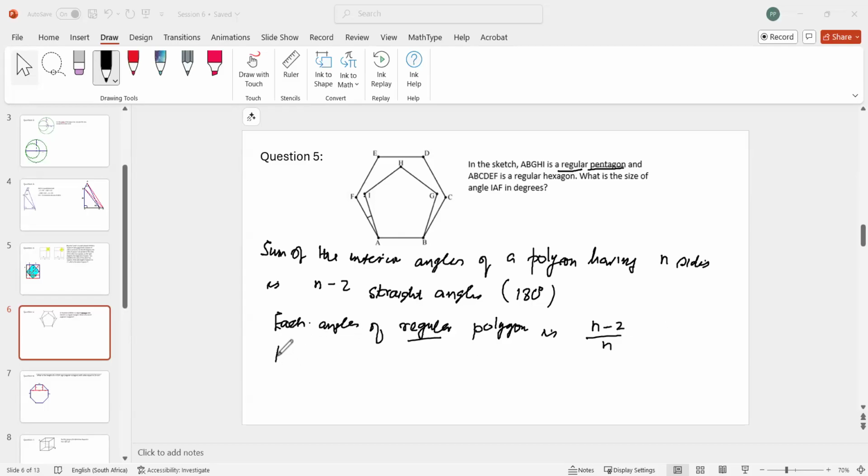So therefore, let's look at this angle that we're looking for. This whole angle is the angle of a pentagon.